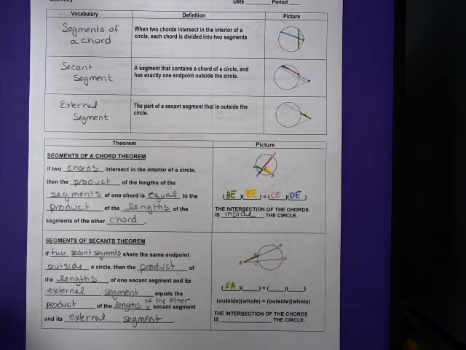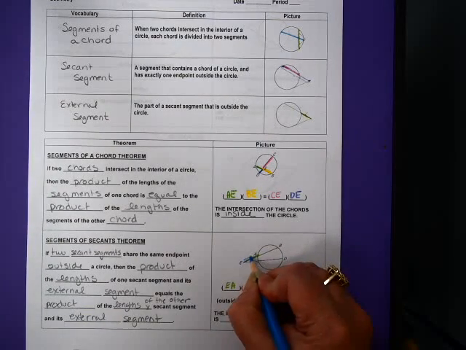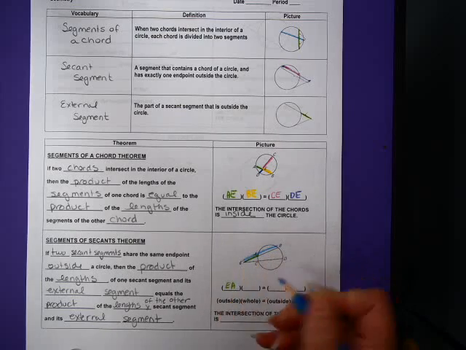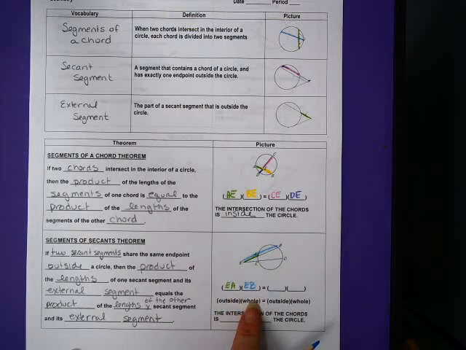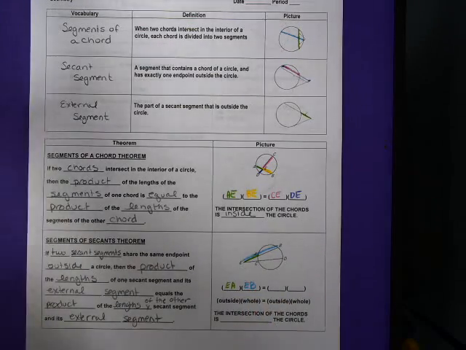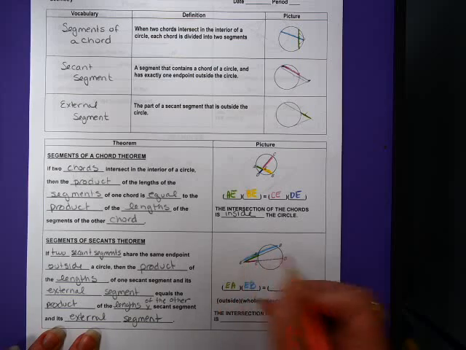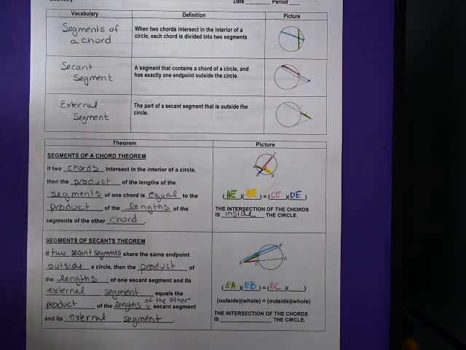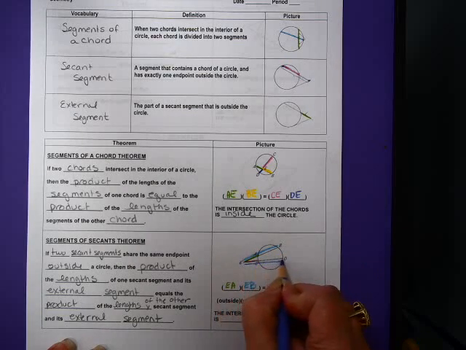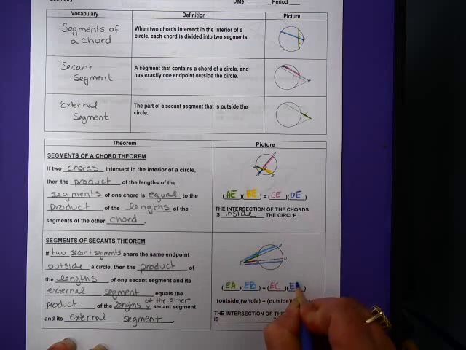If I multiply that by the whole thing, which is EB, so outside times the whole is going to equal the outside of this one, which is EC, times the whole thing, which is ED.